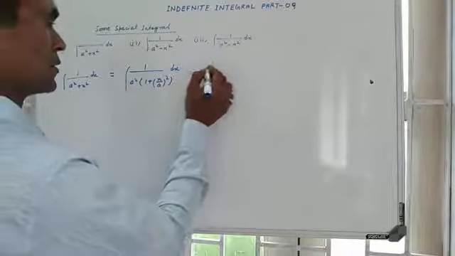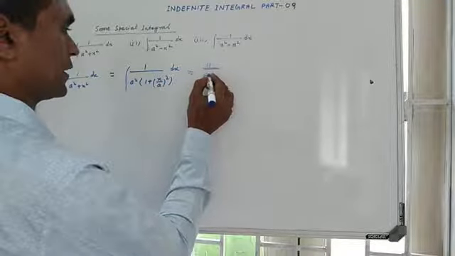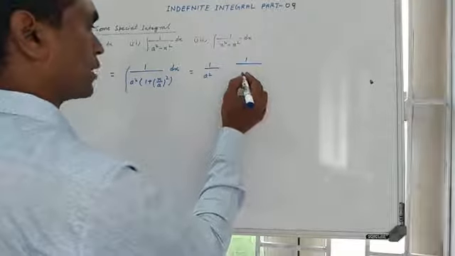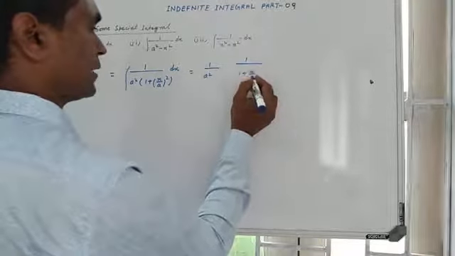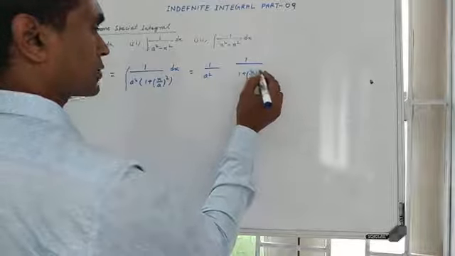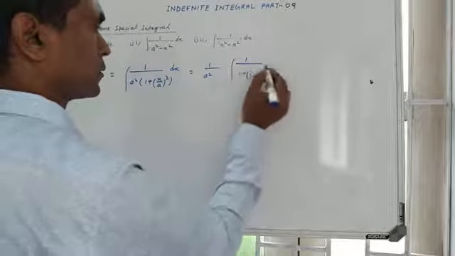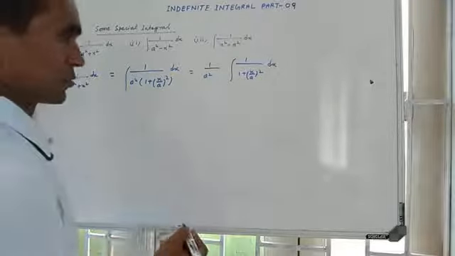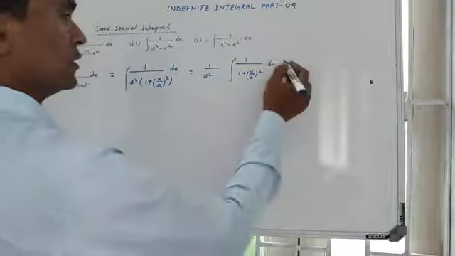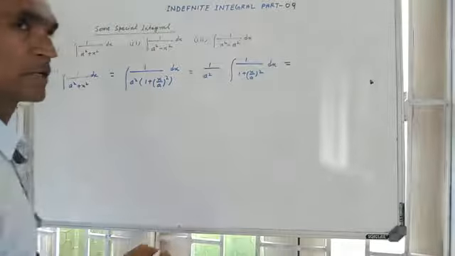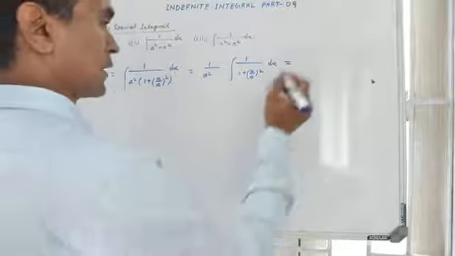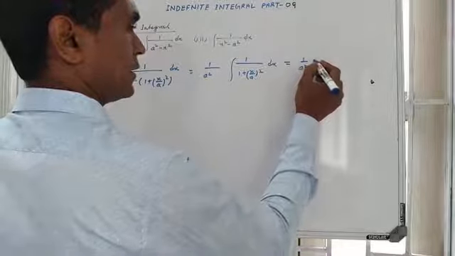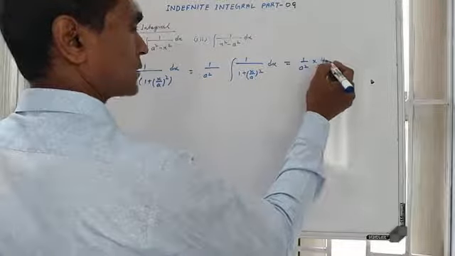So this is equal to 1 by a square and 1 by 1 plus x by a whole square. So this is nothing but 1 by 1 plus x square. So the integral of 1 by 1 plus x square is tan inverse x. So 1 by a square into tan inverse x.